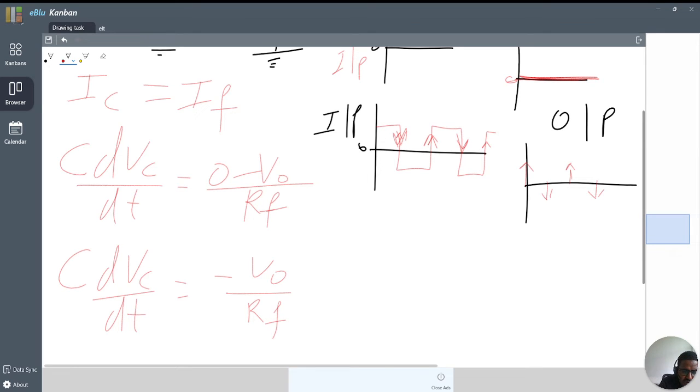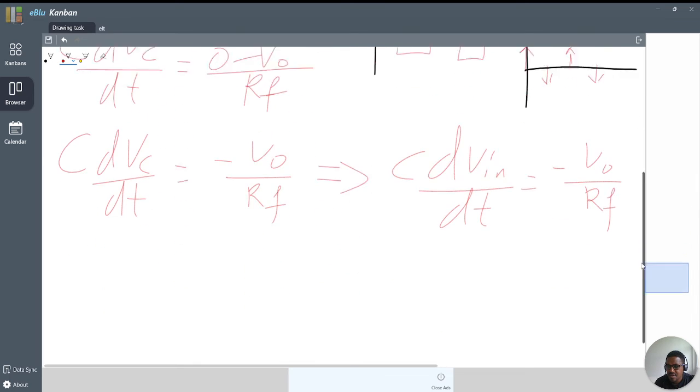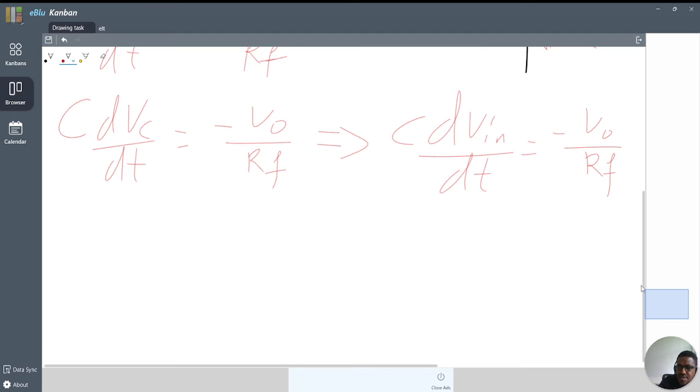So we get C times dV in over dt equals minus V out over RF. To find V out, simplified, V out becomes minus RF times C times dV in over dt.